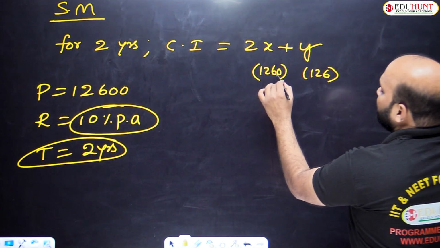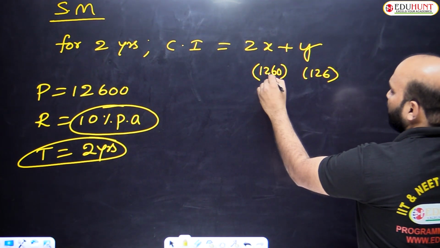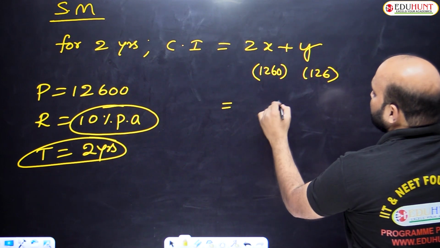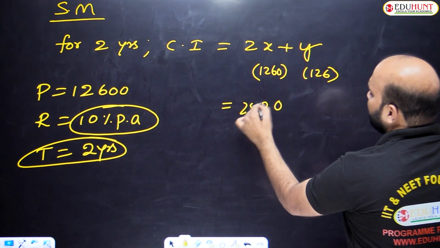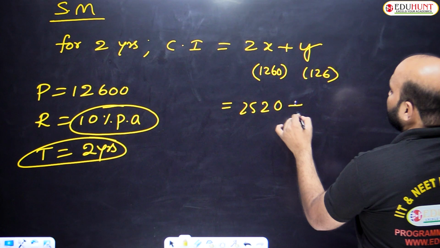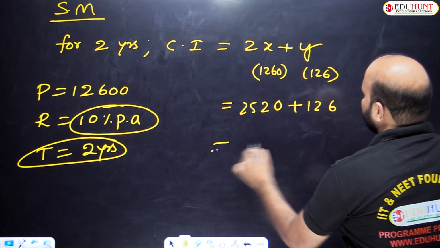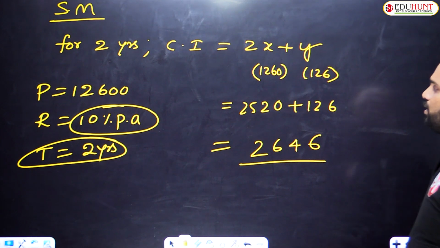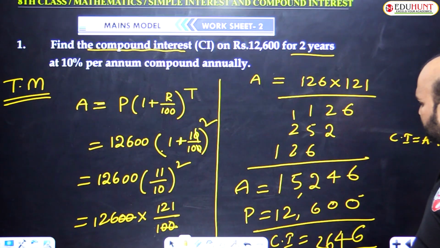Am I clear? So 1260, 10% value of 1260 is 126. So 2x nothing but 2520 plus y 126. What is the total? 2646. This is the compound interest for 2 years according to the Pascal method.